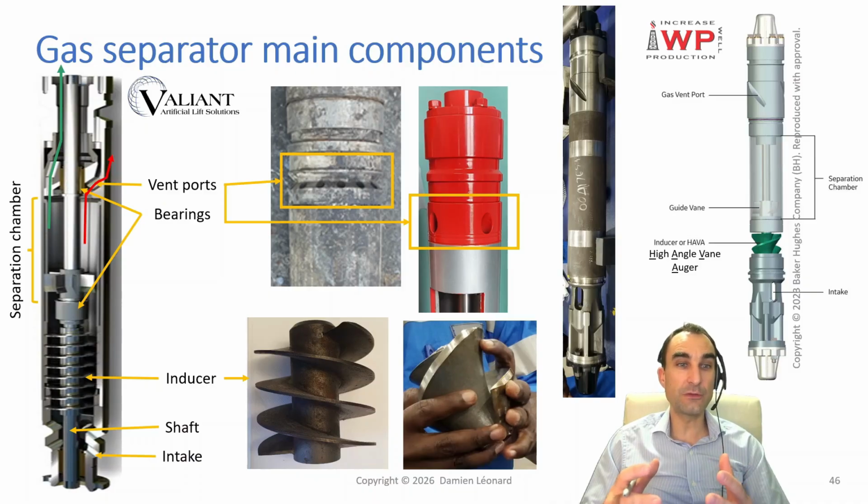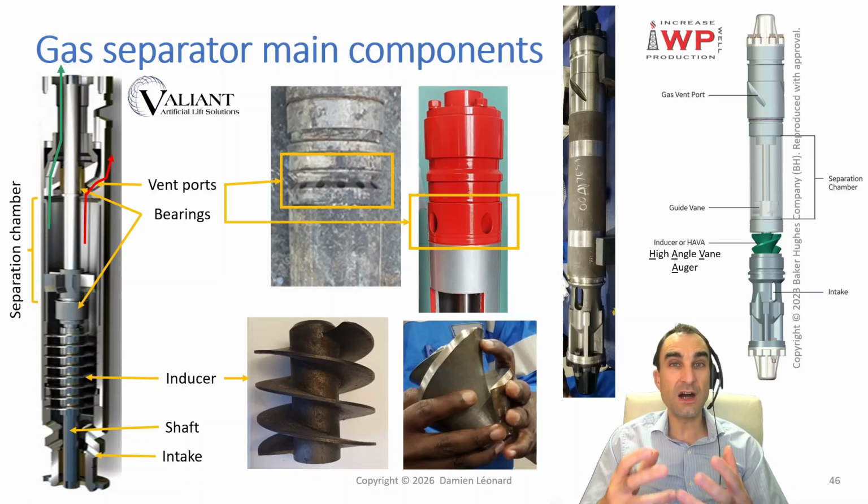Well, the standard is to use abrasion resistant material to stabilize the shaft, because inside of your gas separator you have a high gas concentration. And as previously mentioned earlier in this training, gas is a very bad lubricant. As it is a bad lubricant, this is why it is recommended to use this kind of hard material. And obviously, as this is abrasion resistant material, it is even more recommended if you want to use your gas separator in a sandy well.